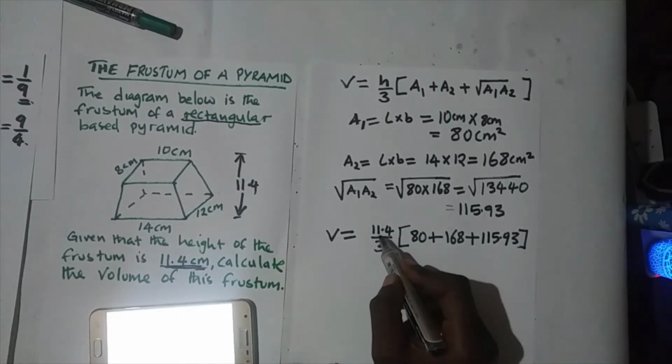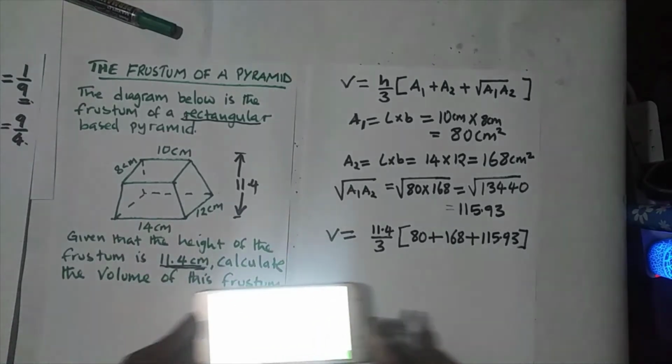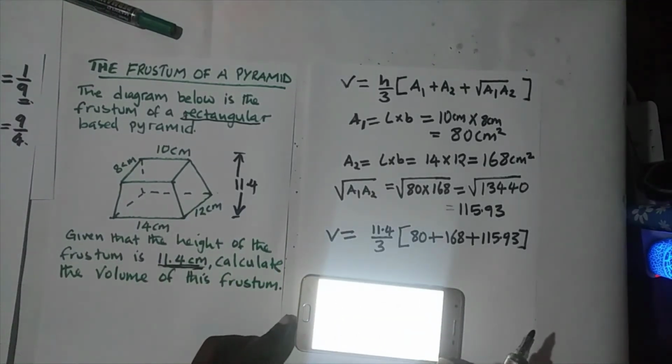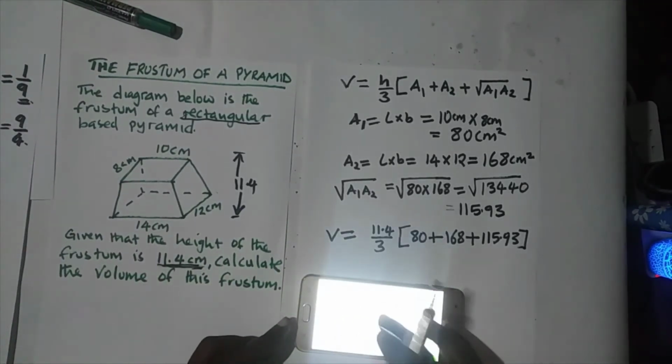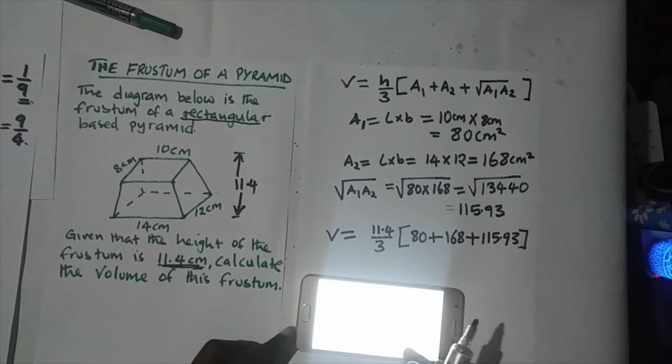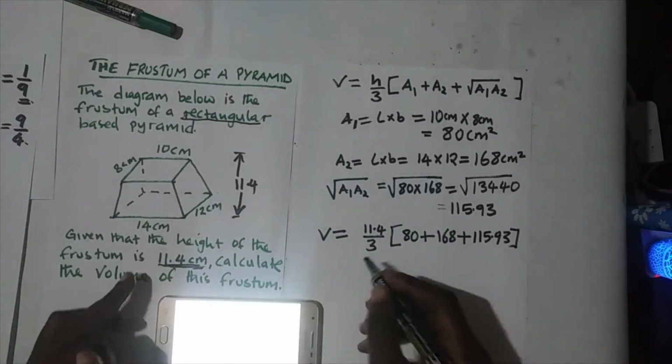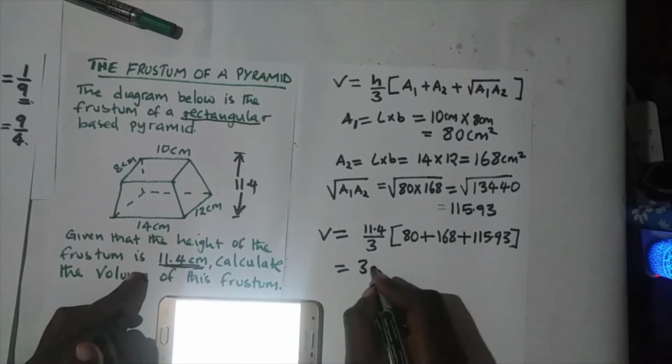We'll divide 3 into 11.4. You can use a calculator so that you divide nicely. 11.4 divided by 3 gives us 3.8.